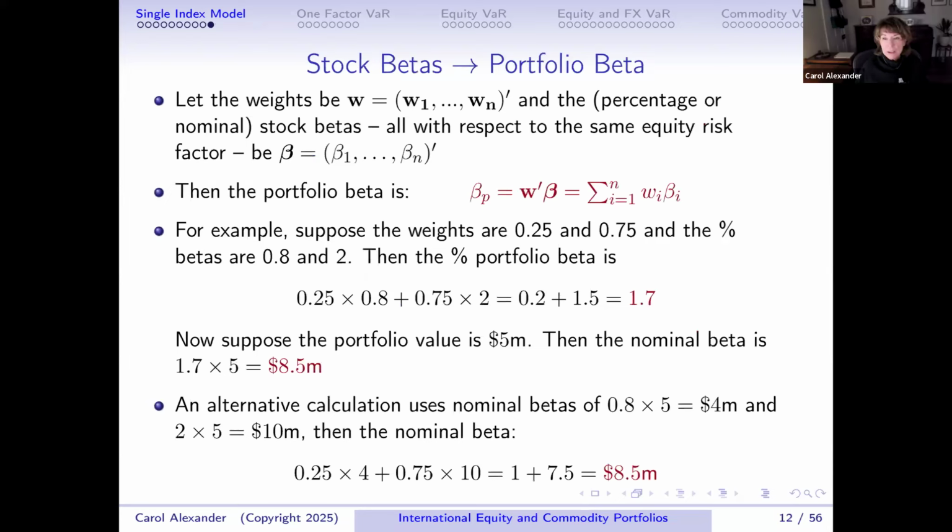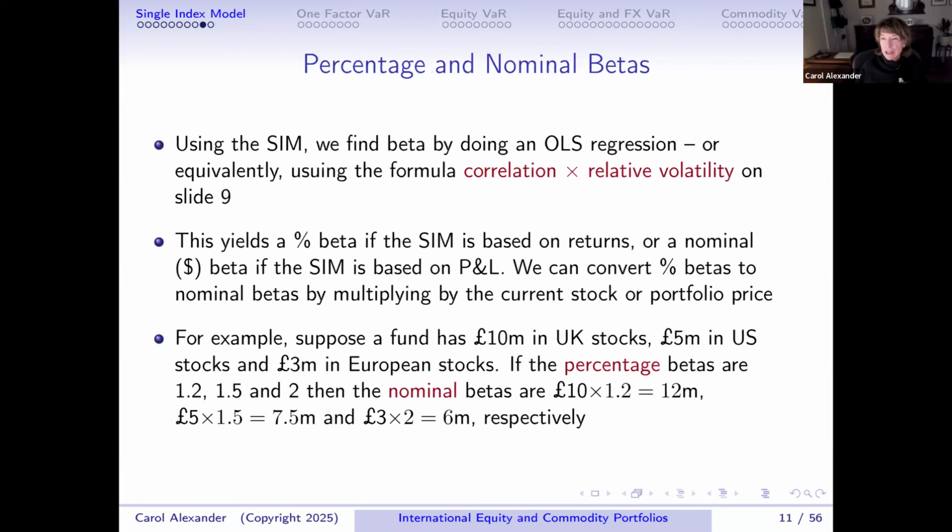And if we've got stock betas, we can convert them into a portfolio beta as long as we know the weights in the portfolio. So all the betas have got to be with respect to the same equity risk factor in this portfolio, okay? Not as in the previous example where we had 3 different equity risk factors. I was just illustrating how to convert percentage to nominal.